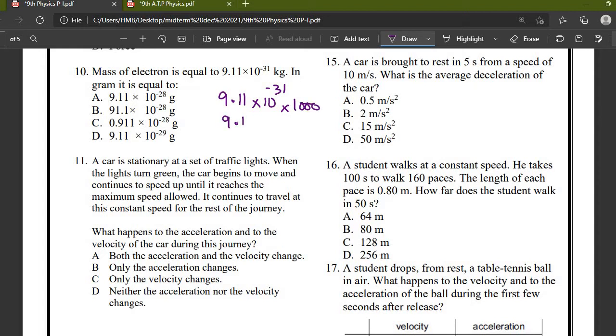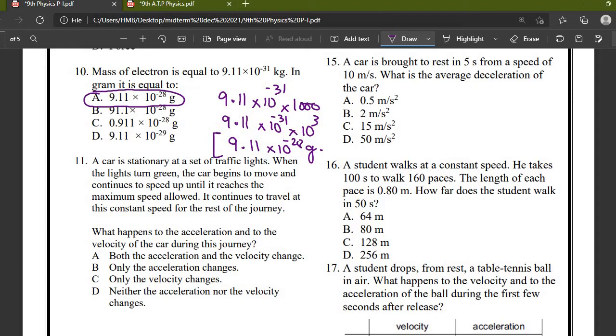Let's simplify this: 9.11 × 10^-31 into 10^3. So finally the mass will become 9.11 × 10^-28 gram. So the right answer will be option A, 9.11 × 10^-28 gram.